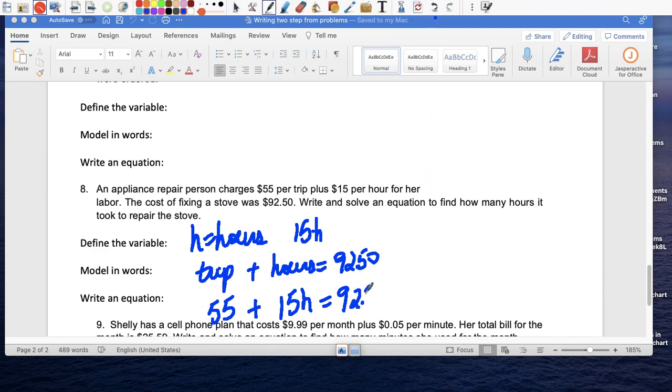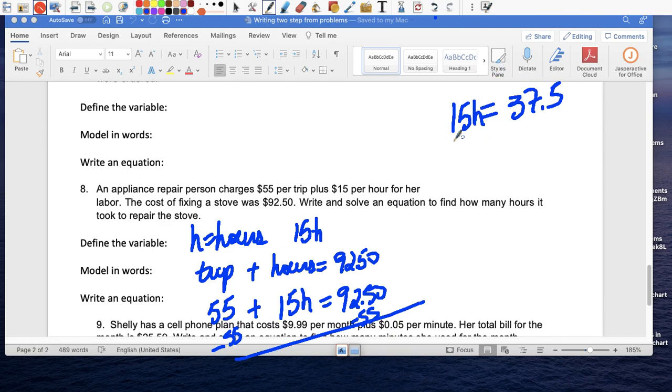So if we subtract 55 from each side, minus 55, minus 55, we get 15H equals, and what's 92.5 minus 55? 92.5 minus 55 equals 37.5. That's 15H, by the way.